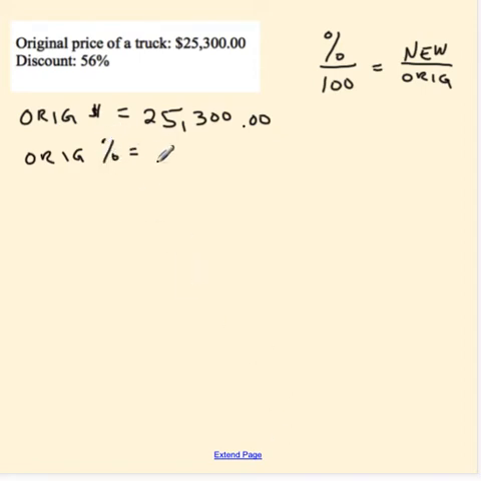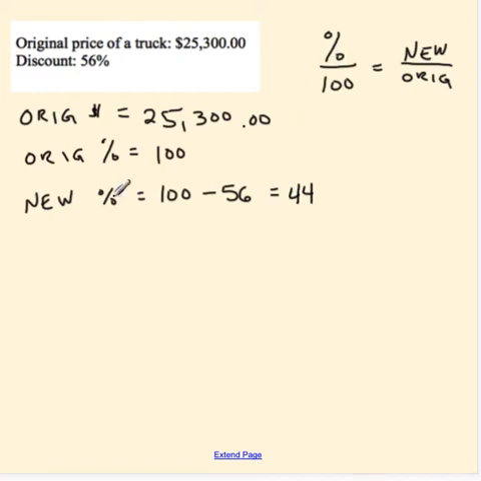The original percent is 100, but it's discounted 56%. That's a really good discount, by the way. So our new percent is 100 minus 56, which is going to be 44. So the new percent is 44.